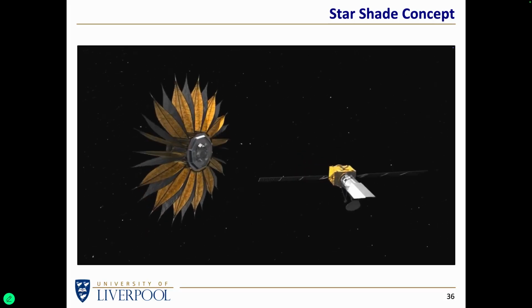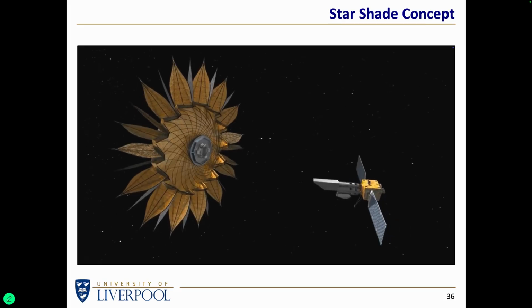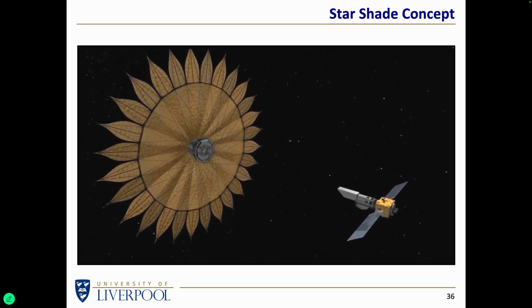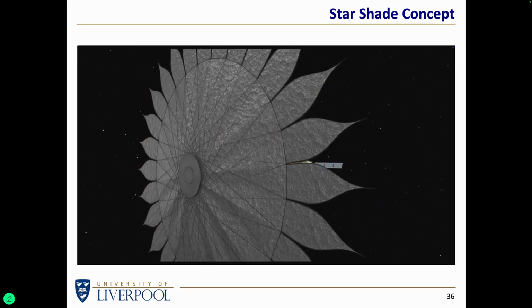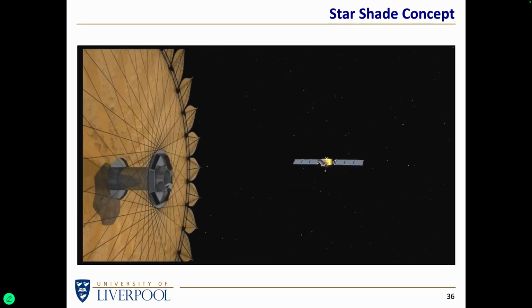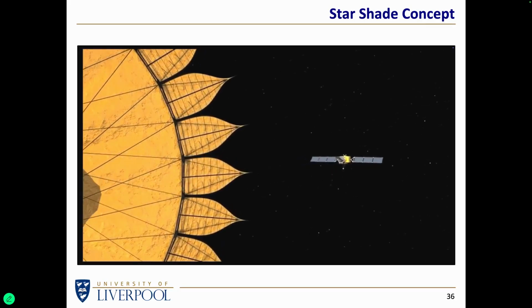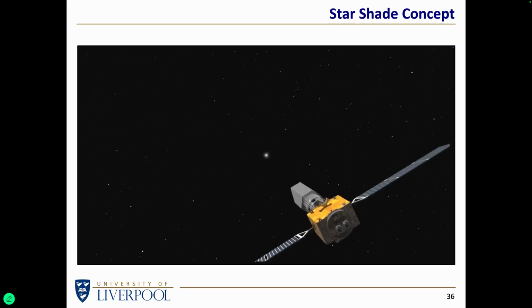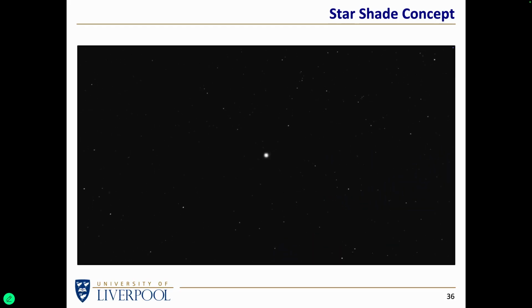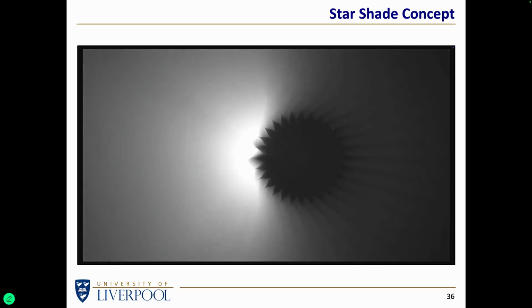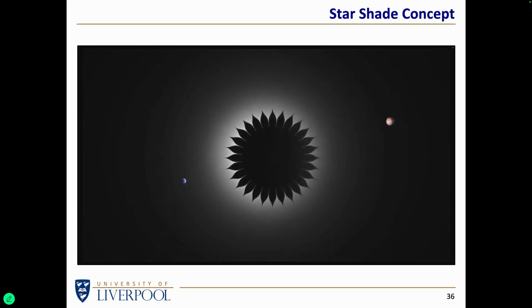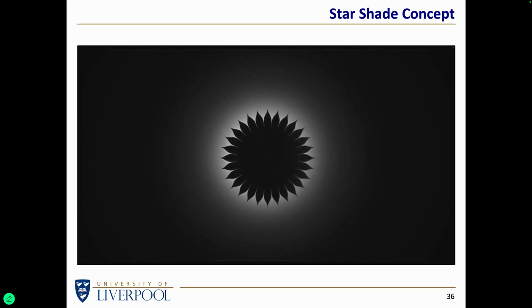Once launched, they will separate, and then the star shade will unfurl into a huge 100-meter diameter shade, which will then separate from the telescope at a very large distance, something like 50,000 kilometers away. And when the star shade is at that sort of distance, it will be steered to block the light from a distant star, and as a result allow any exoplanets around that star to be directly imaged by the Roman telescope.